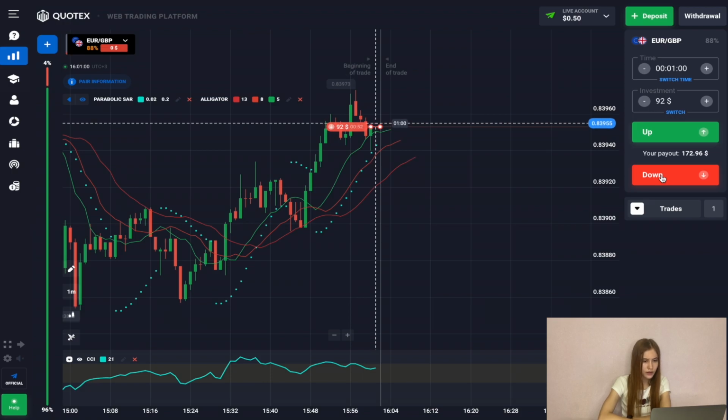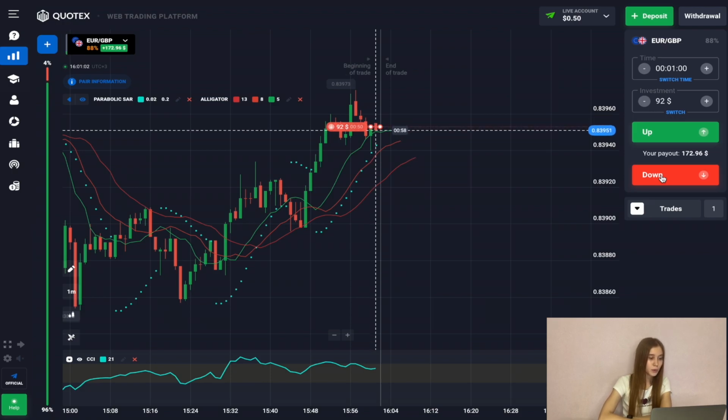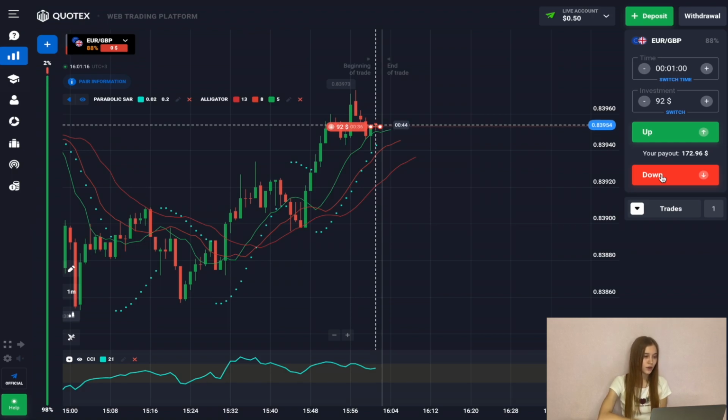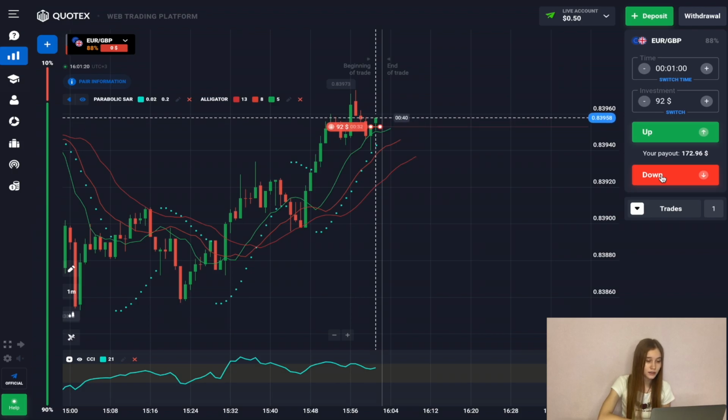and at this stage we can open a deal to reduce the price. As I said, we had a push from the red candle to the green candle, on which we should have successfully closed our deal.